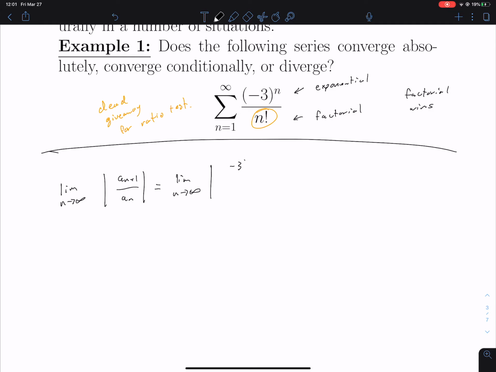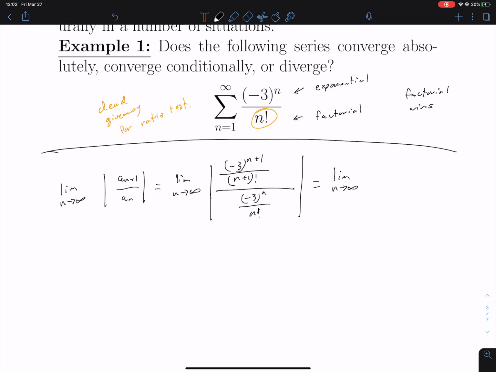So I've got negative 3 to the n+1 over n+1 factorial. This is all over negative 3 to the n over n factorial. So the first thing is that these absolute value bars will kill these negative signs. They do not matter in light of the factorial. And then I will also keep it, switch it, flip it.